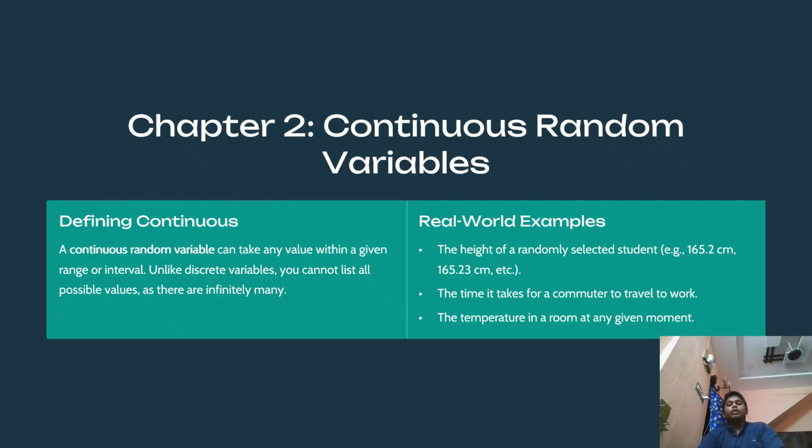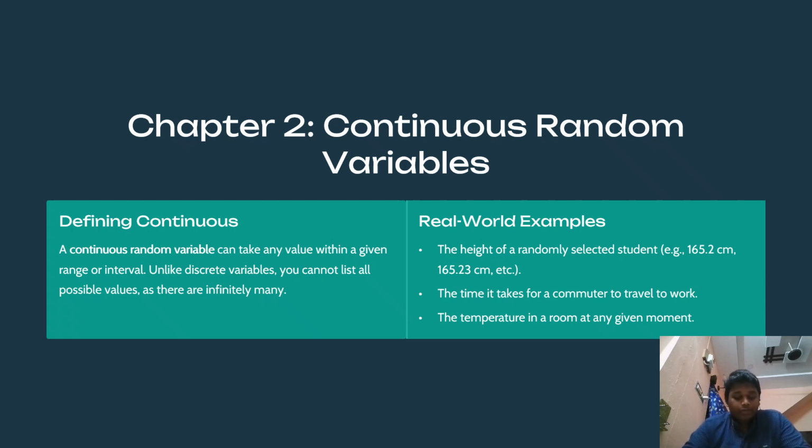The second one is the continuous random variable. A continuous random variable can take any value within a given range or interval. Unlike discrete variables, you cannot list all possible outcomes as there are infinitely many. Another definition is in terms of the distribution function: it is the integration of continuous probabilities of x up to the value small x.